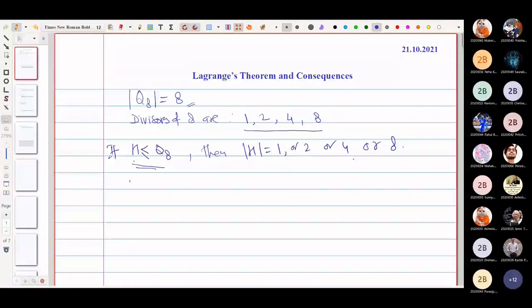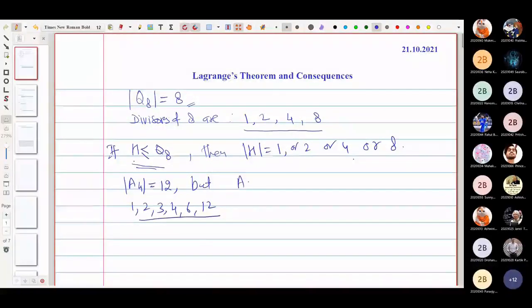That example is A4, the alternating group on 4 symbols, which has order 12. The divisors of 12 are 1, 2, 3, 4, 6, and 12.